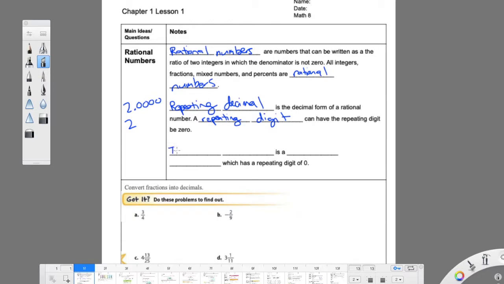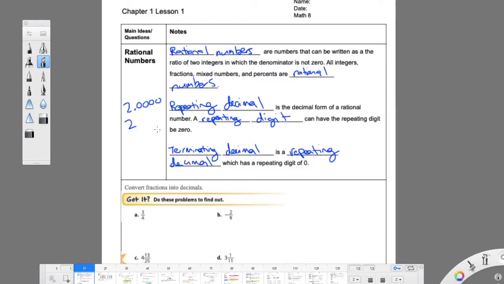So terminating, that's an N. Decimals. Repeating decimal, which has a repeating digit of 0.